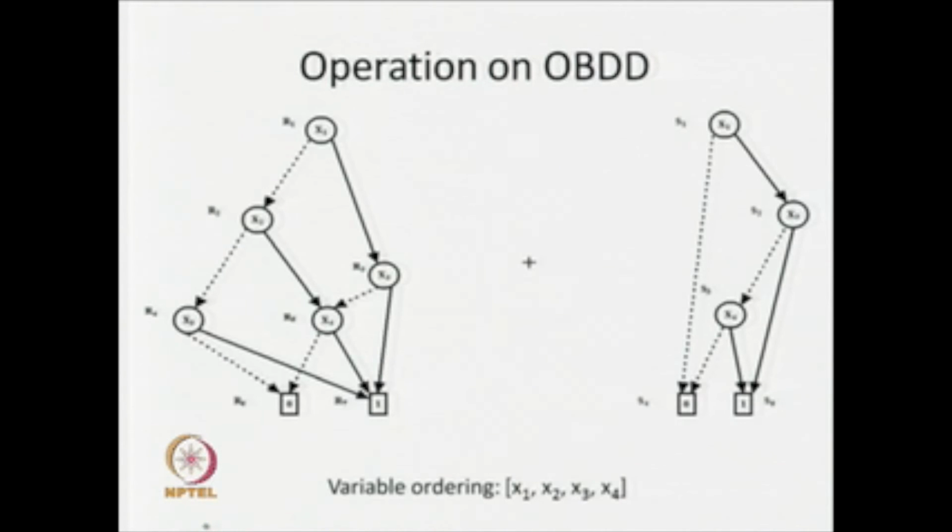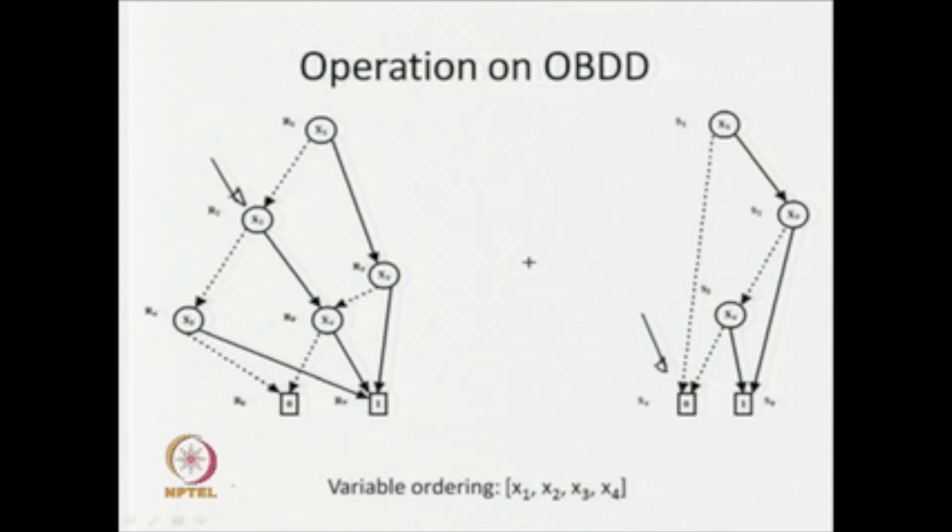Now, in this particular case, R2 is a root node and S4 is a root node. One is a non-terminal node, the second one is a terminal node. So, what are we going to do? For the dashed line, we will follow the low of this one and it will remain as it is. For this one, it will follow this structure and it will remain as it is.